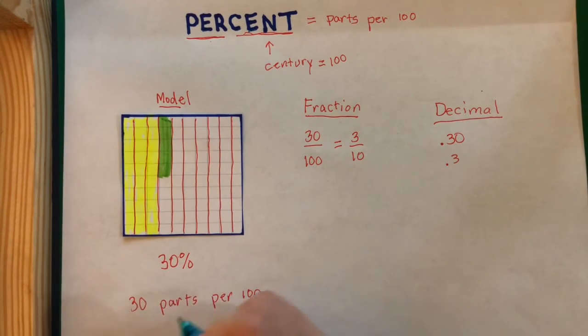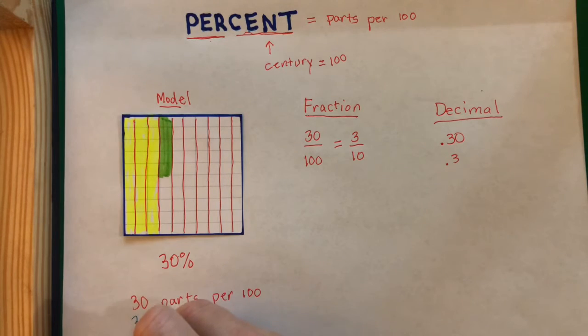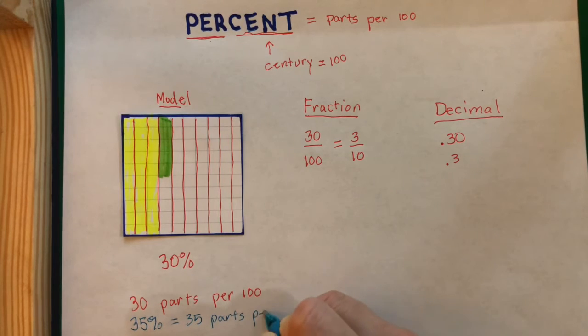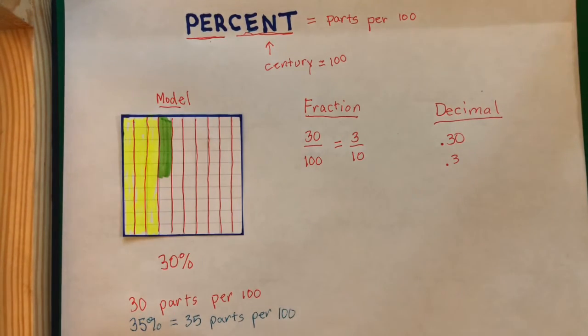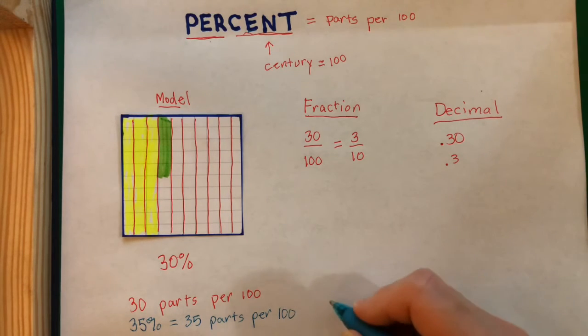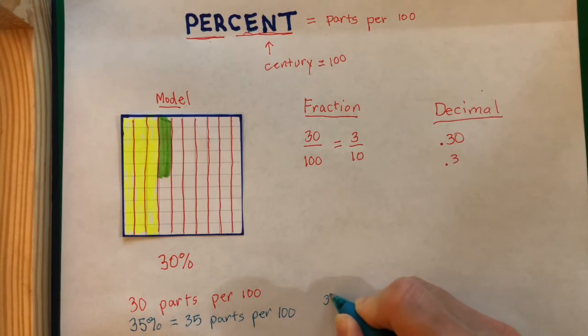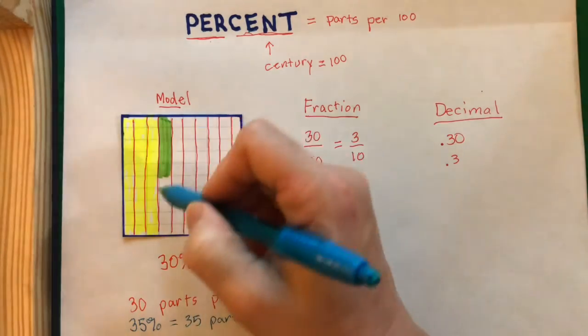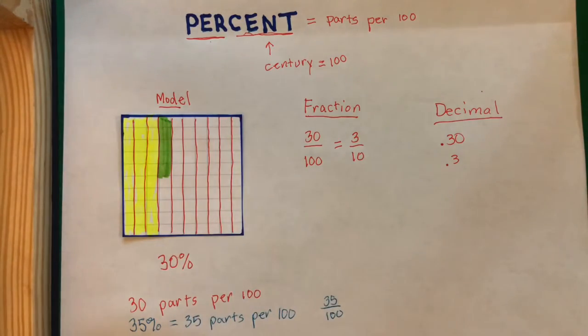If I have 35% equals 35 parts per 100. Now my fraction would be 35 100ths. And see, I've colored in 35 out of 100 squares.